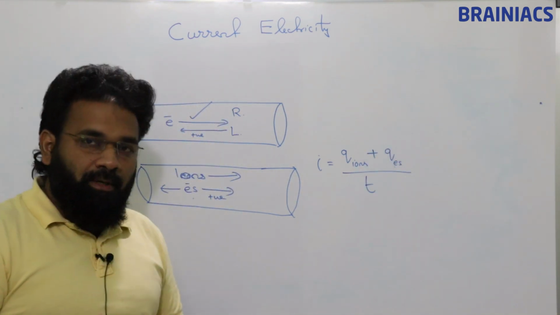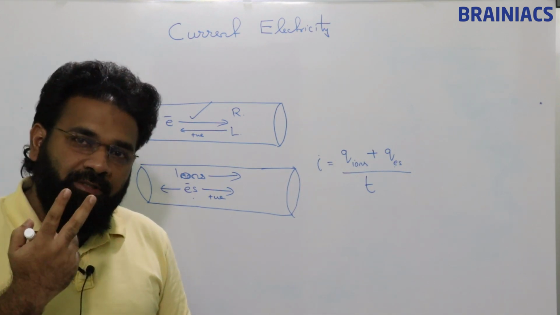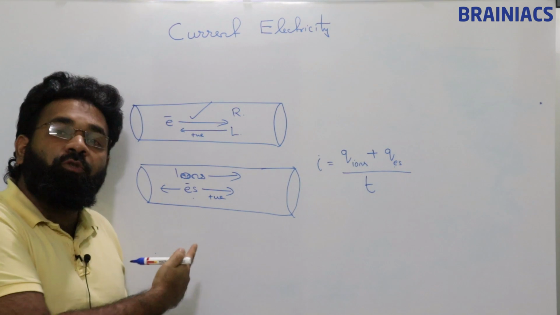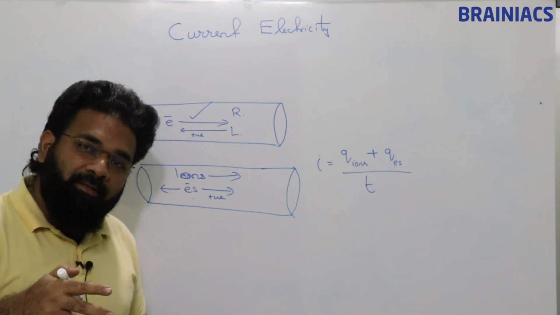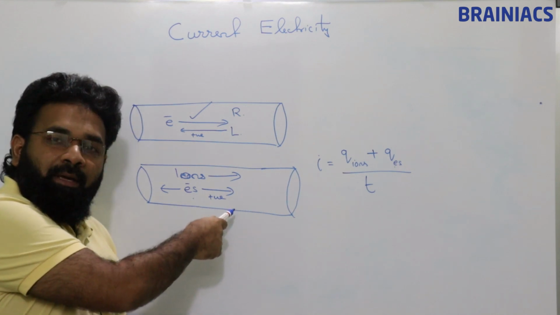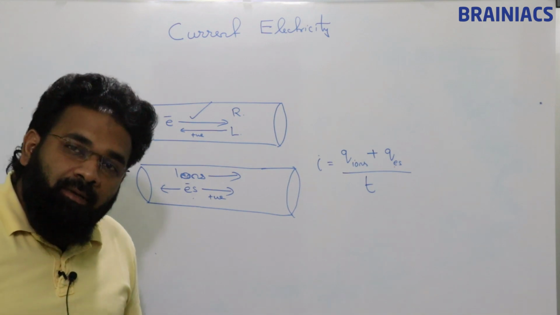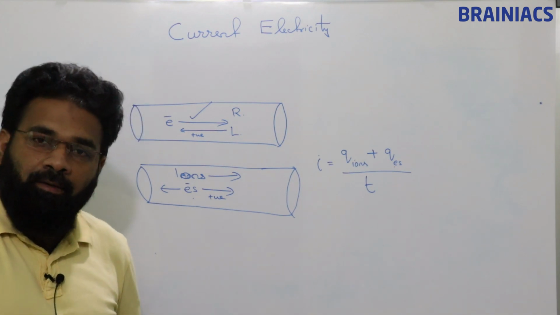So we should understand, if there are two charge carriers in a conductor, we should consider those two charge carriers while calculating current. There will be current due to electron itself. Maybe that may be the only source of current.